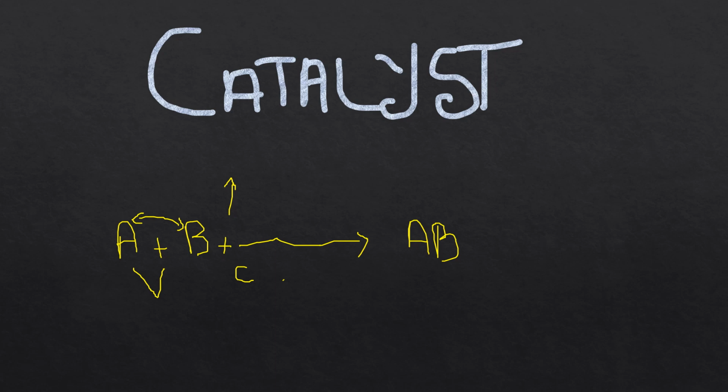This catalyst will work as a reactant, but when the reaction ends, A and B will come out combined and C will be separately given up as a solid or as a liquid or as any other substance, whether it is water vapors. But this C, the catalyst, will be shown differently.